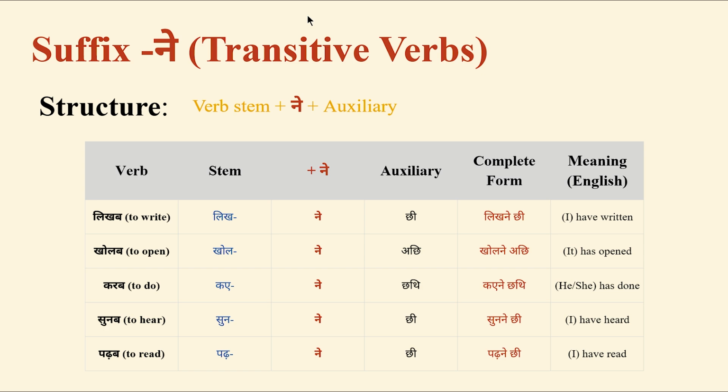Chhati is an honorific auxiliary, so he, she here has to be someone highly honorific. So it will mean he, she has done. Similarly, sunab, where the stem is sun, will become sunne chi, I have heard. Padhab will become padhne chi, I have read. Okay, moving on.